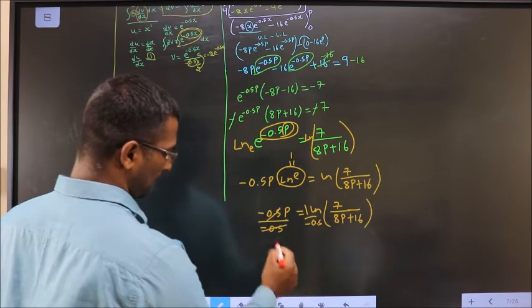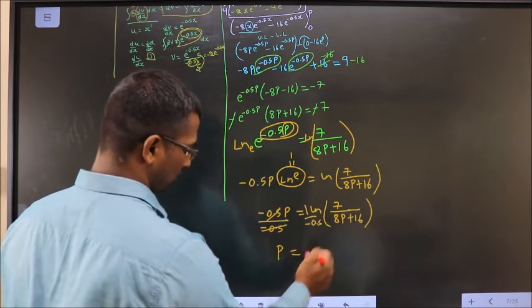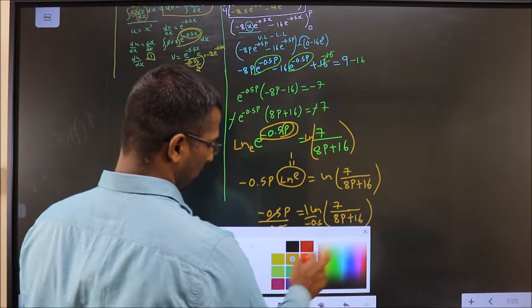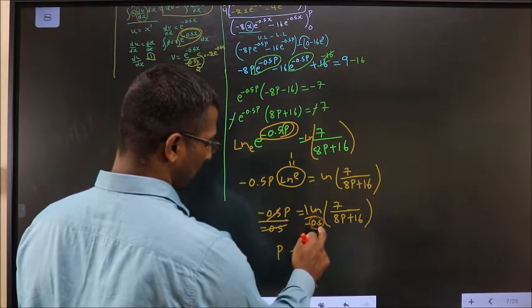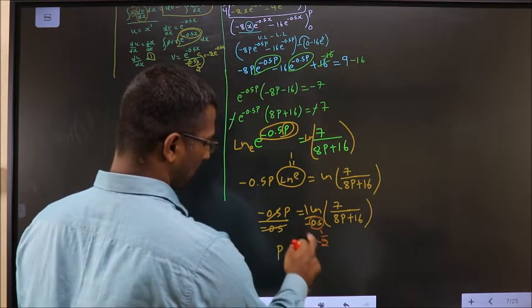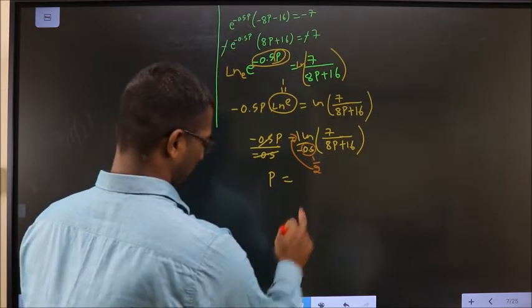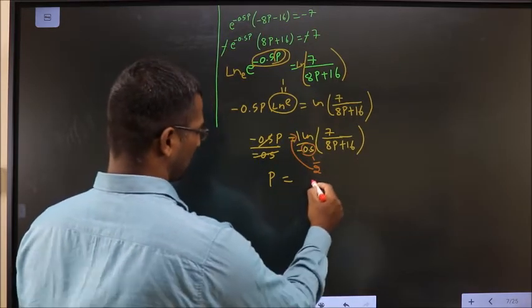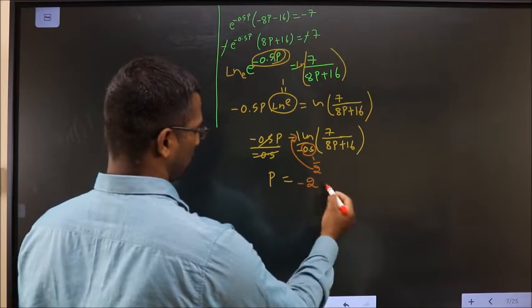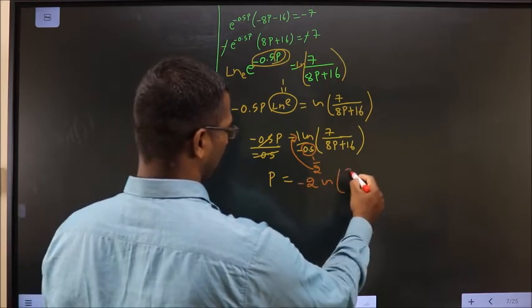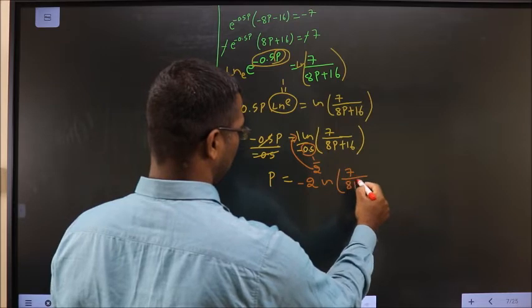So p is equal to, now 0.5 is nothing but 1 by 2, I am taking this 2 up, so this will become minus 2 ln of 7 by 8p plus 16.